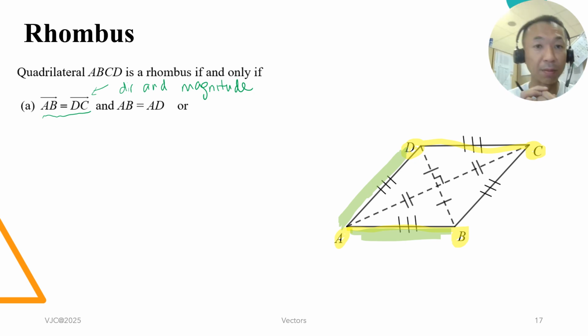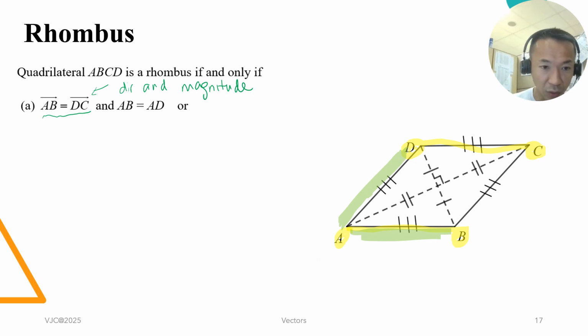To show that it's a rhombus means all four sides must be equal. So you must add an additional idea that AD and AB are the same length, not parallel, of course, cannot be parallel. If AB and AD are the same, then all the four sides are the same length. Then it must be a rhombus.